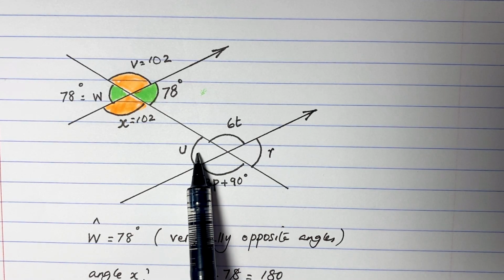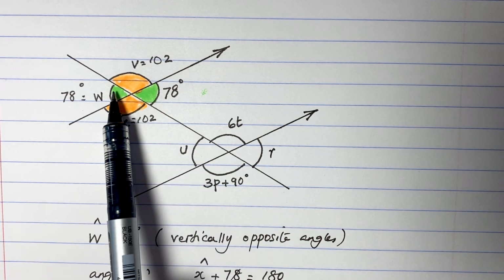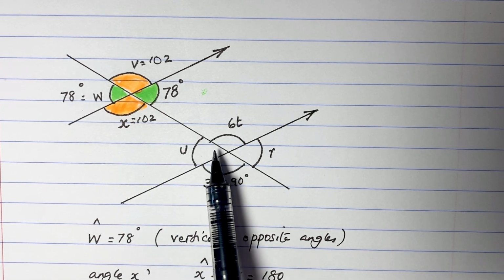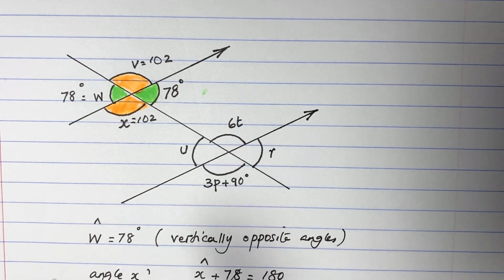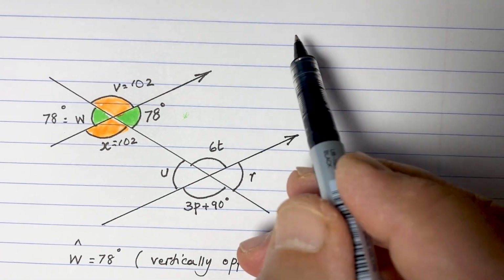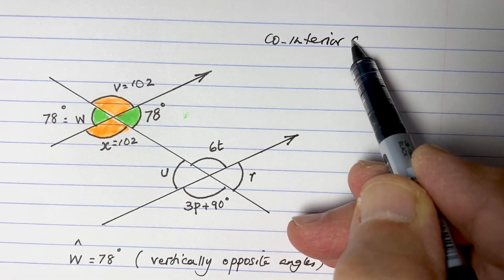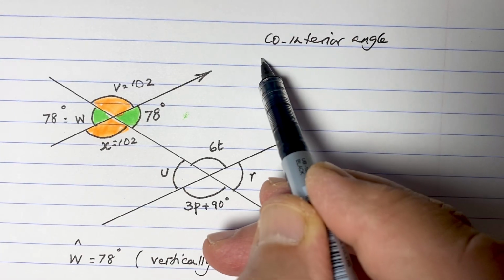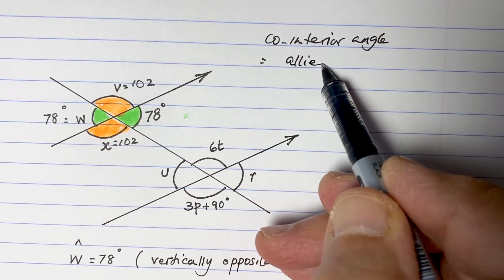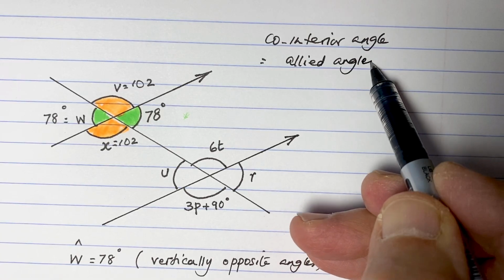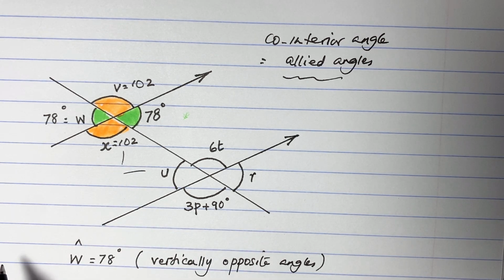Okay, let's go and find angle U. I can either say X and U are co-interior, or also, I forgot to tell you before, co-interior angles, sometimes called allied angles. These two make 180 degrees.